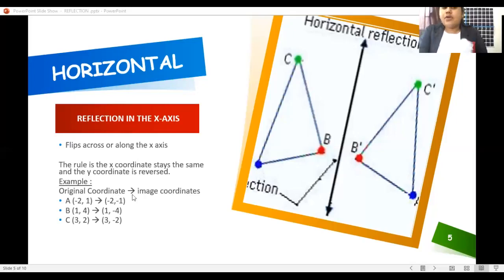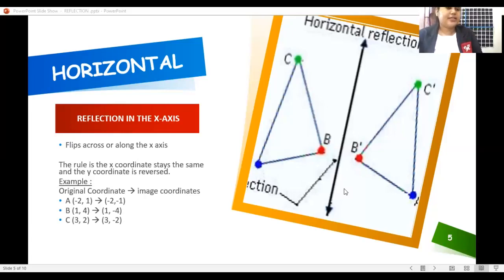When it is reflected, it becomes -2, -1. So in reflecting in the x-axis, our y coordinate changes from a positive to a negative.